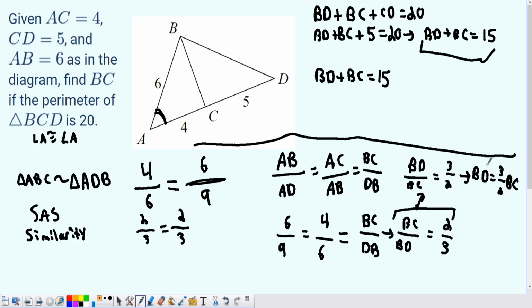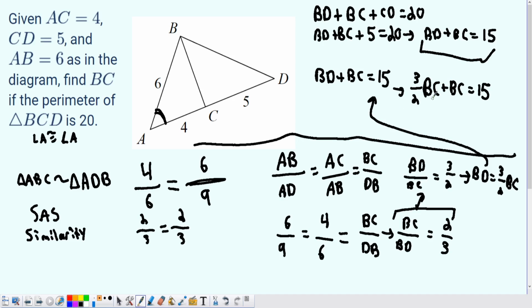And now I can simplify this formula, getting rid of BD, replacing it with 3/2 BC plus BC equals 15. Okay. Well, what's 3 halves plus 1 BC?